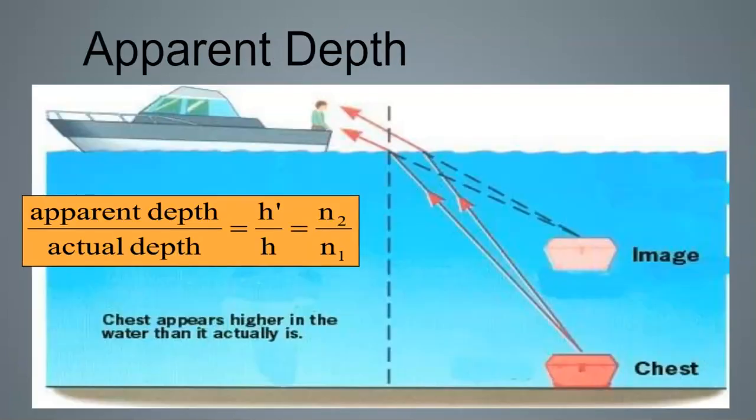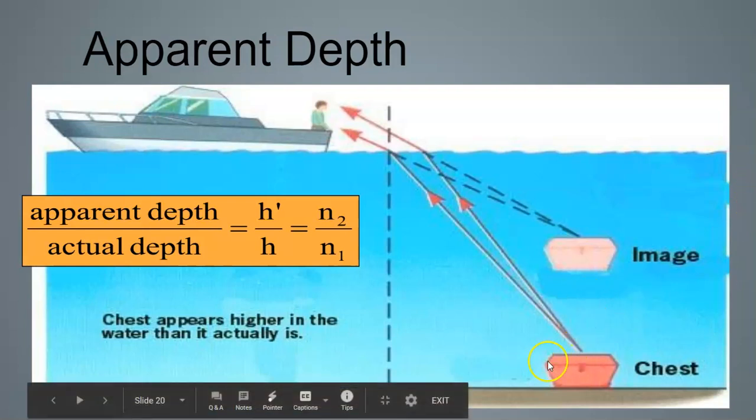When things are underwater, they appear to be higher, and they appear to be closer to us than they really are. Here's the chest, a treasure chest on the bottom of the water.